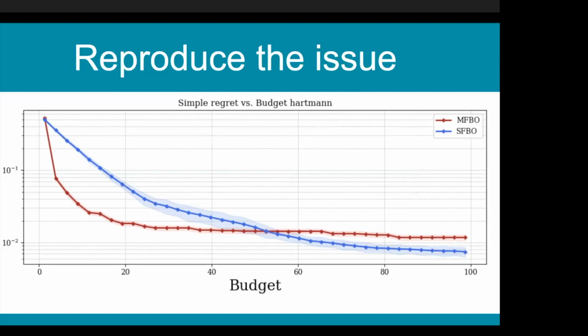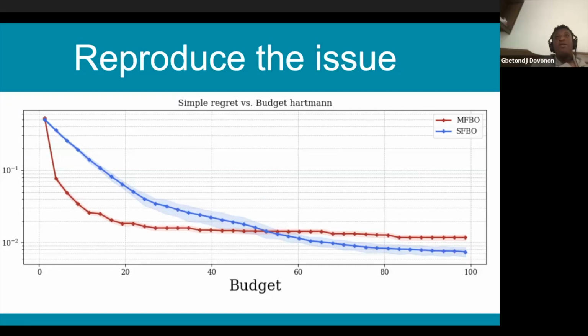And is that happening because it's oversampling the lower fidelity, or what's actually going on when you get the crossover? Actually, looking at the fidelities that have been sampled, one pattern for most of the multi-fidelity runs is that early on it samples the lower fidelities a lot, and then starts sampling the higher fidelities more.